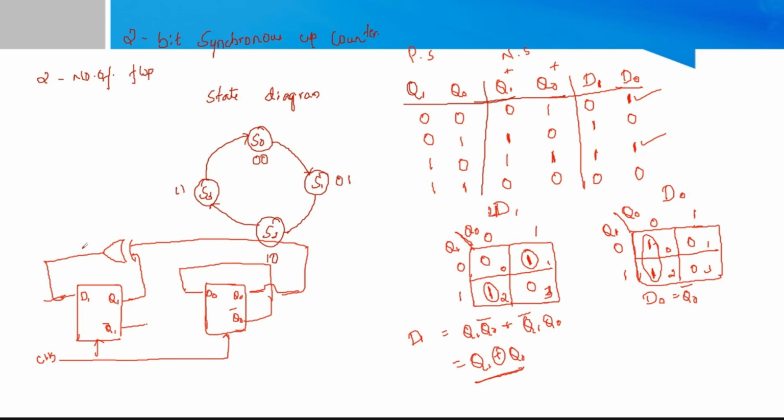What will be the state diagram for the synchronous down counter? Guys, what will be the state diagram for the down counter?